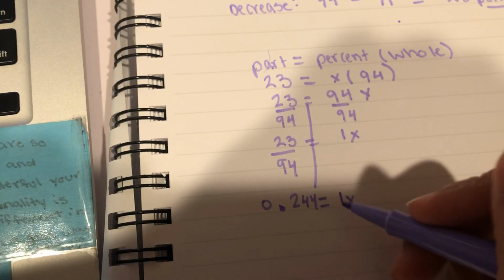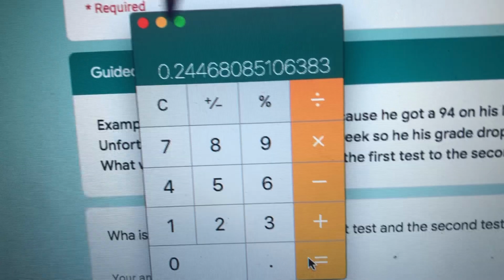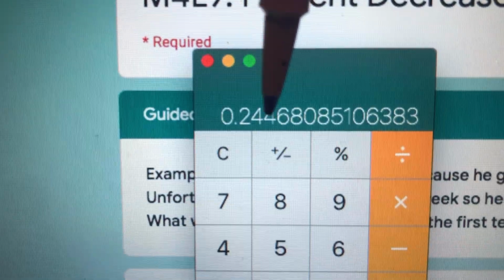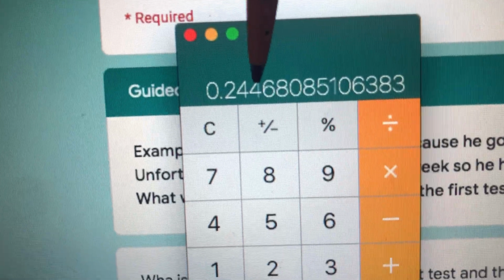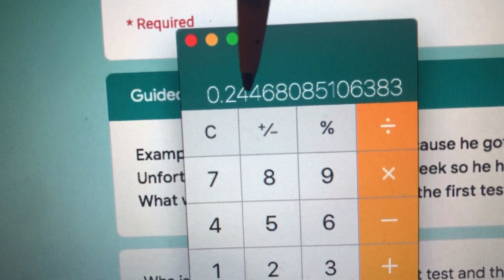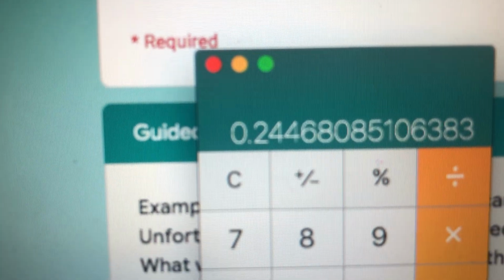No. Now what we're going to do is round. And anytime you get a super big number like this, we're just going to round to the hundredths place, which means if I look at the thousands place, if it is a number that is less than 5, this is going to stay the same. If this is a number that is greater than 5, we round up. But it's not, because here in the thousands place I have a 4.